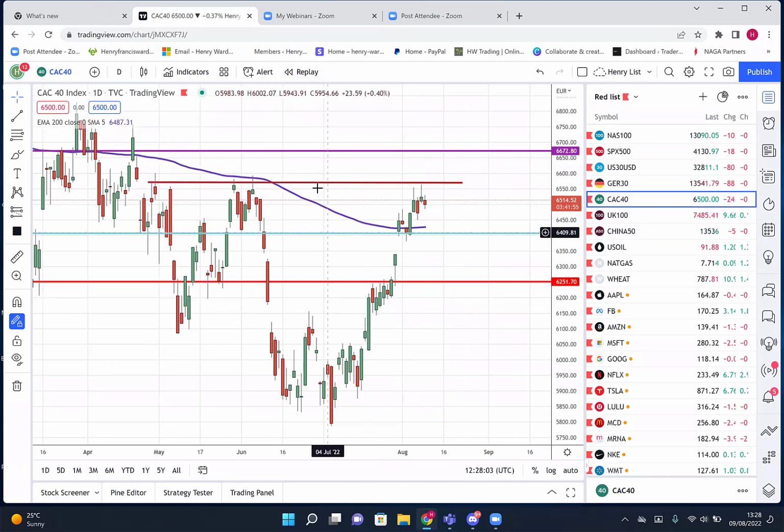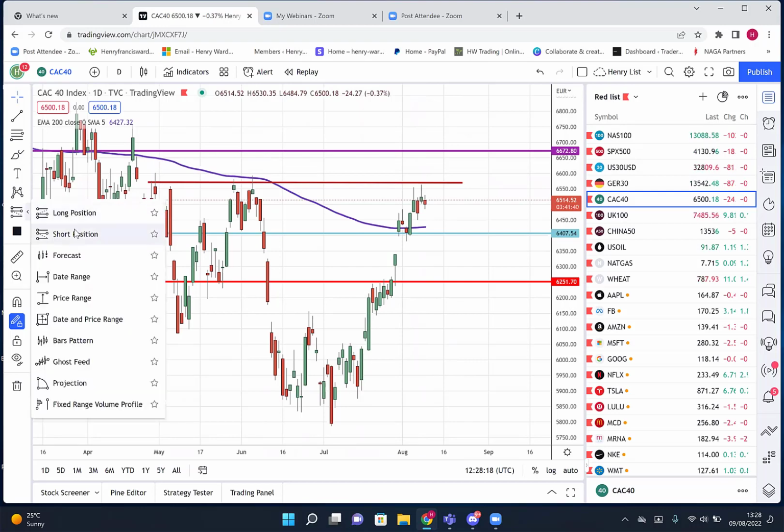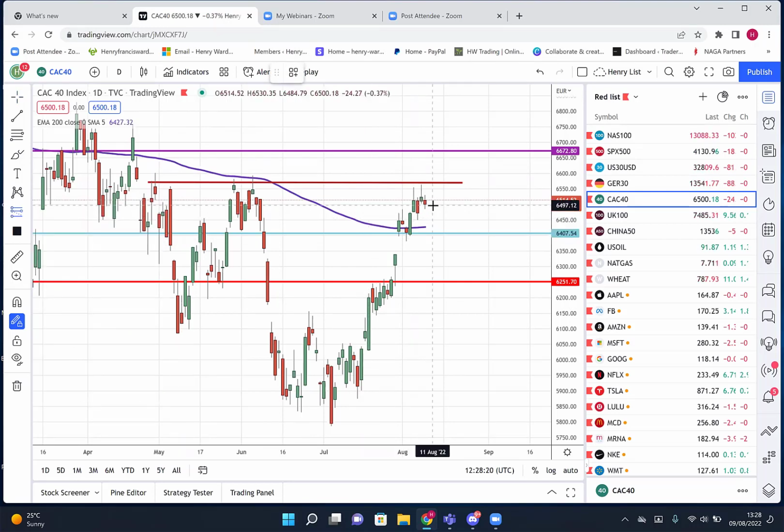French CAC has broken that 200 moving average. But as we talked about on Sunday, look, we've had 1, 2, 3, 4 touches on this. Look, it's now bounced and hit the ceiling again. Is there a short position there?